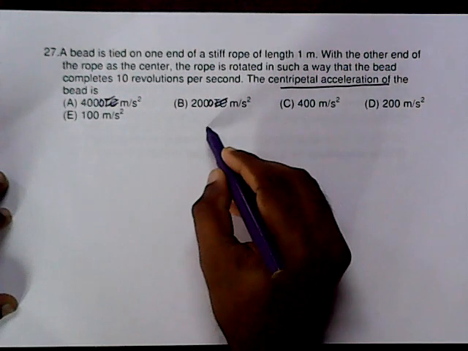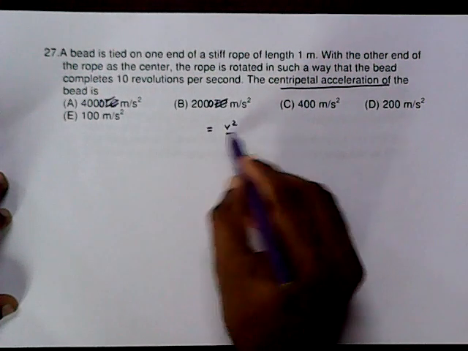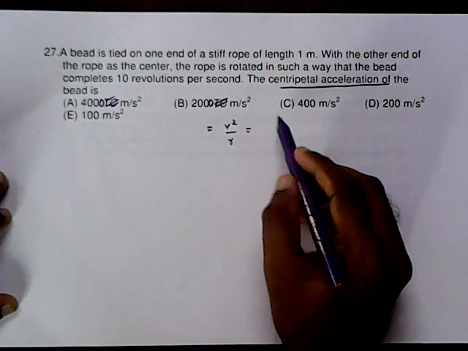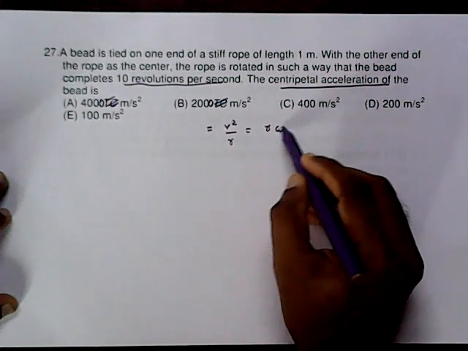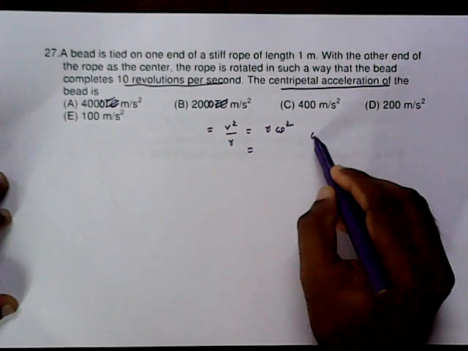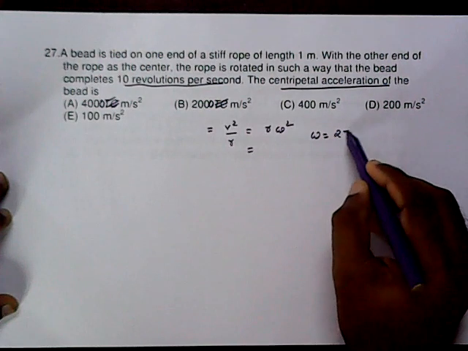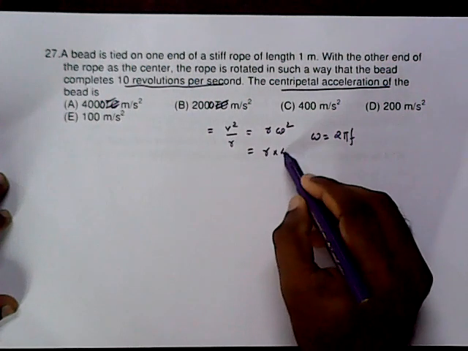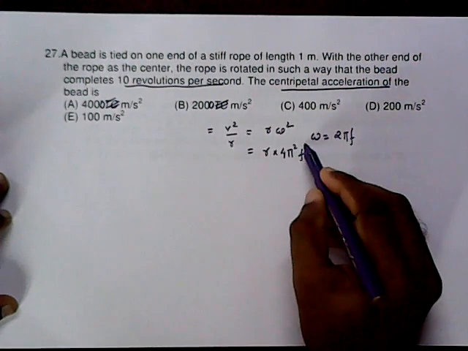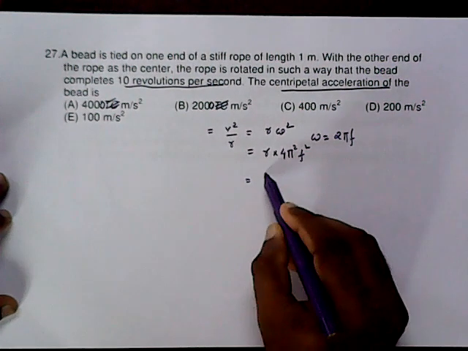You know, the centripetal acceleration we can find through the simple relation V square by R, or here the frequency is given, so we can write the formula as R omega square. We know that omega is 2 pi f. So R into 4 pi square into f square. Here the radius is 1.